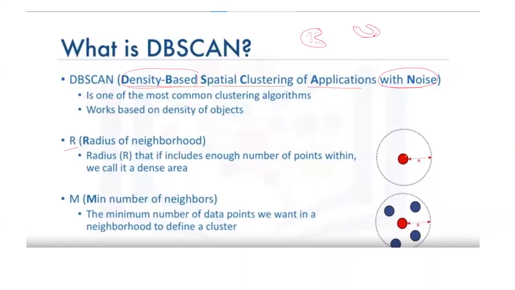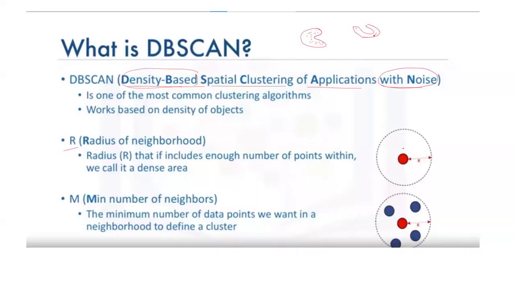So it will pick up one data point, consider that radius, and see which observations are falling inside that radius. And then it will shift to the next nearest neighbor. And again, it will consider the same radius, and again, it will pick up all the points inside that particular radius.